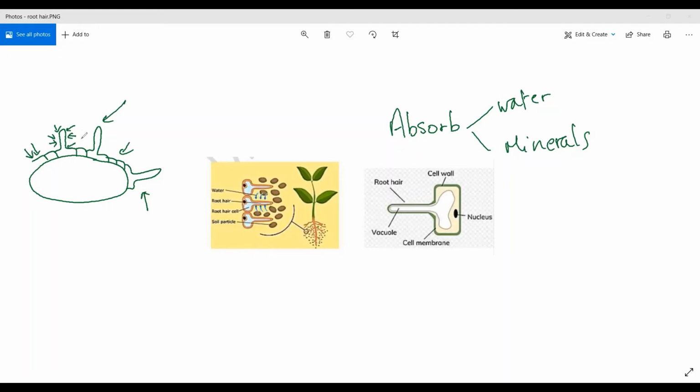Here in the root hair cells, part of it is elongated in order to provide more surface area. And by the way, there are a lot of them in order to allow more and more surface area for absorption.